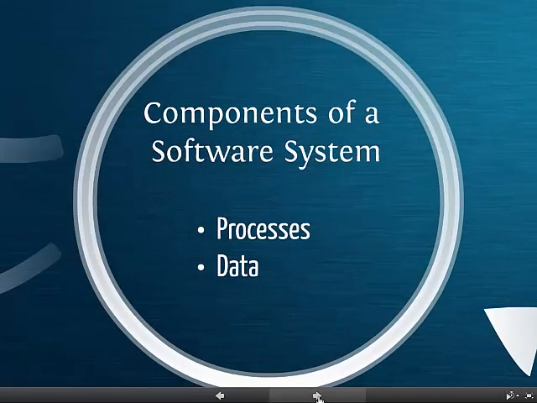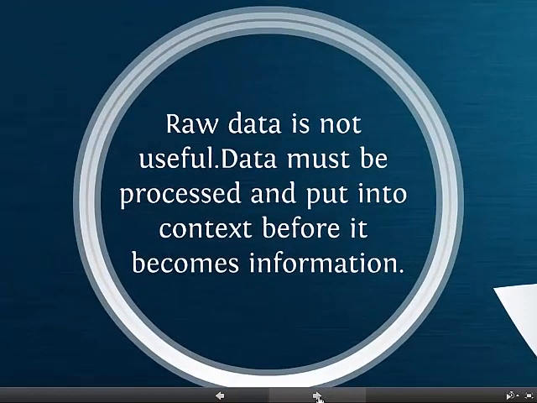As I said, we're looking at software systems, so the two components which we're principally looking at are processes and data. First off, if we look at data, data itself is not that useful. 1.7, that's data. If I said the average height of a human being in England is 1.7 meters, then that is information.